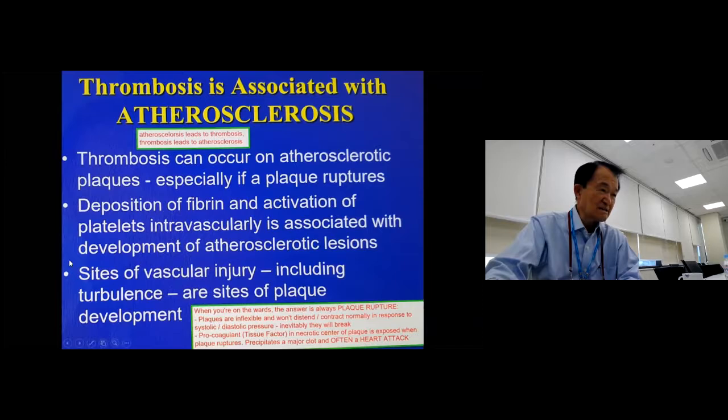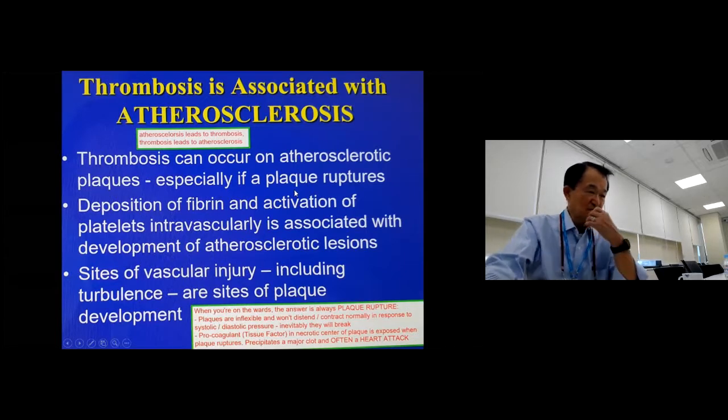And the key problem is that when we see thrombosis on imaging, if there's a plaque ready to rupture, that's a problem. So we have to deal with this thrombosis before the plaque ruptures.